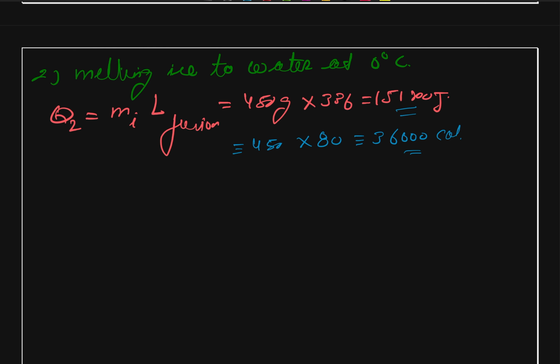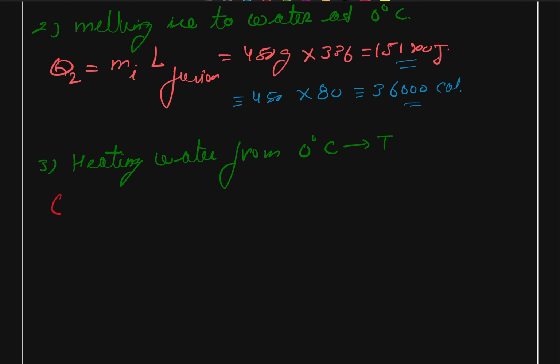Now we are going to heat the water from 0 degree centigrade to a final temperature T. So we can say heating water from 0 degree centigrade to a temperature T, and therefore we can write this as Q3 will be equal to m of I, specific heat of water, and we have difference in temperature, and we substitute the values.